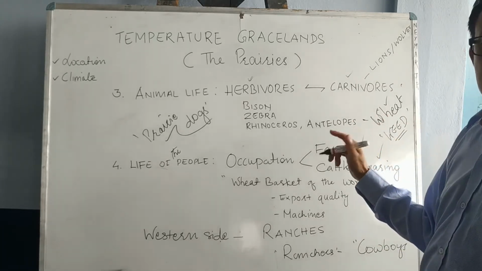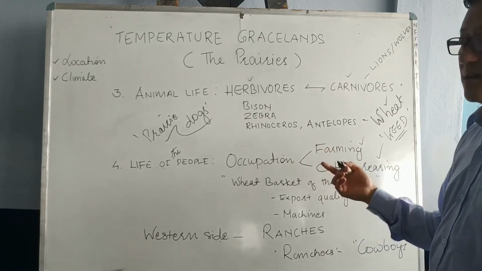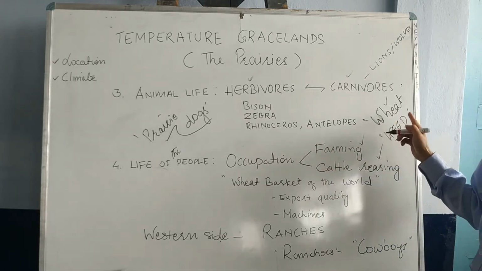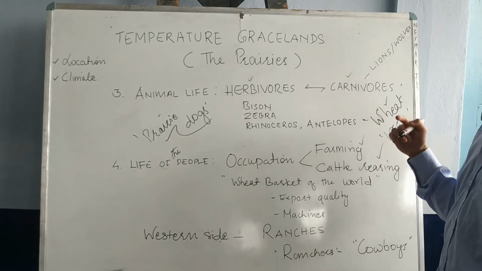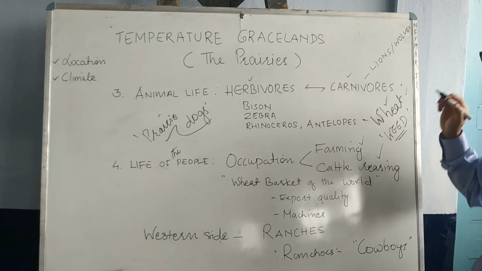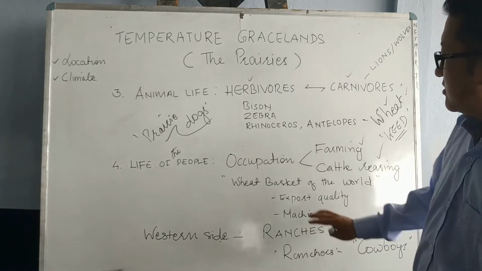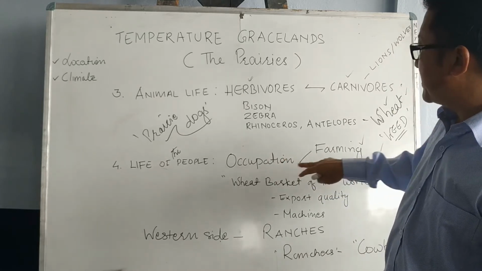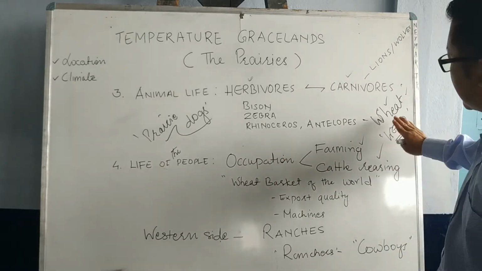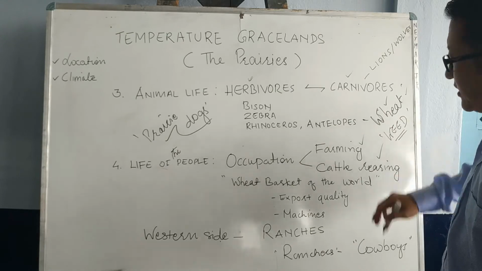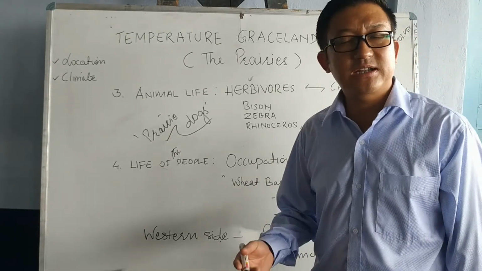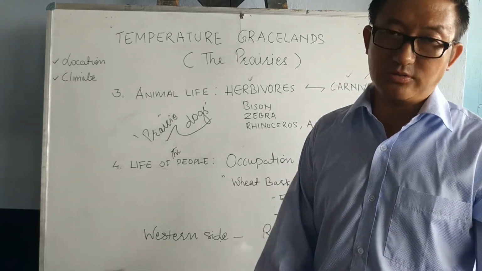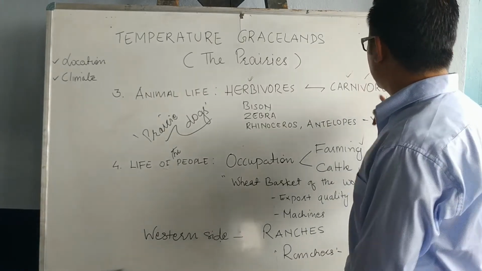The pronunciation almost sounds similar, but they are two different spellings and two different things. Okay, this is wheat, grains. Alright, so okay, the occupation one is farming, is that basically they do the farming of wheat cultivation. Apart from that, other farming also they will do. Okay, but mainly they do wheat cultivation.